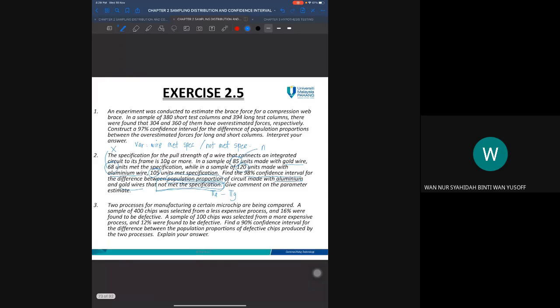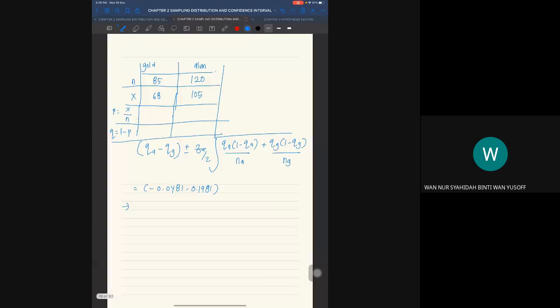So give a comment on the parameter estimate.